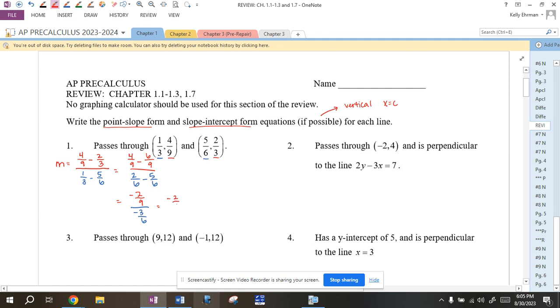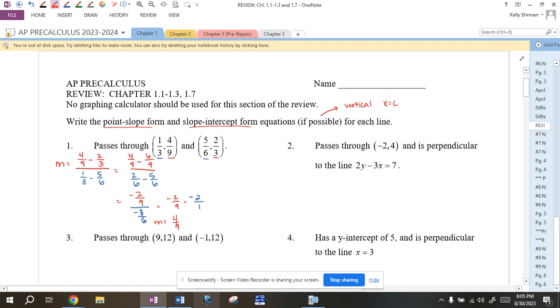That becomes negative 2/9 times, now this is negative 1/2, so the reciprocal of that will be negative 2/1. Okay, and then finally, the slope ends up being positive 4/9.